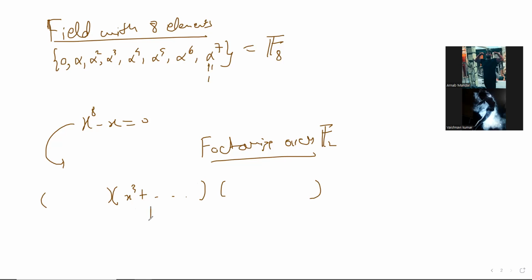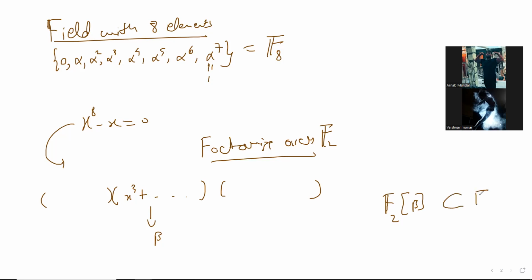If you take a root of that factor, let's say beta, then what can you say? The degree of the extension f2 adjoin beta will be what?